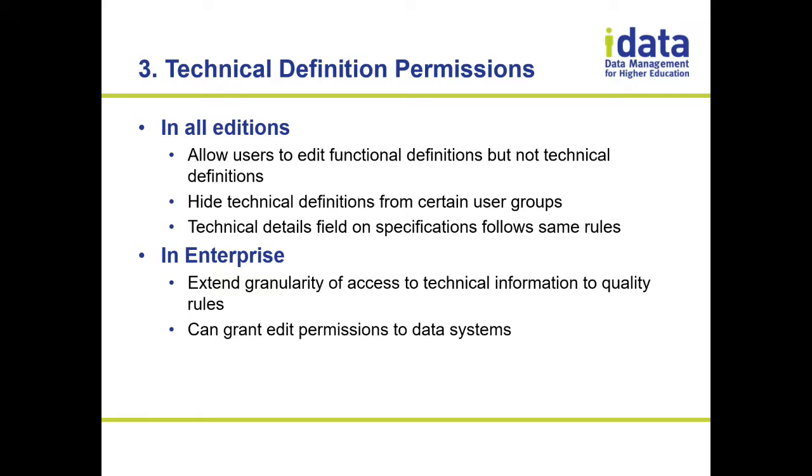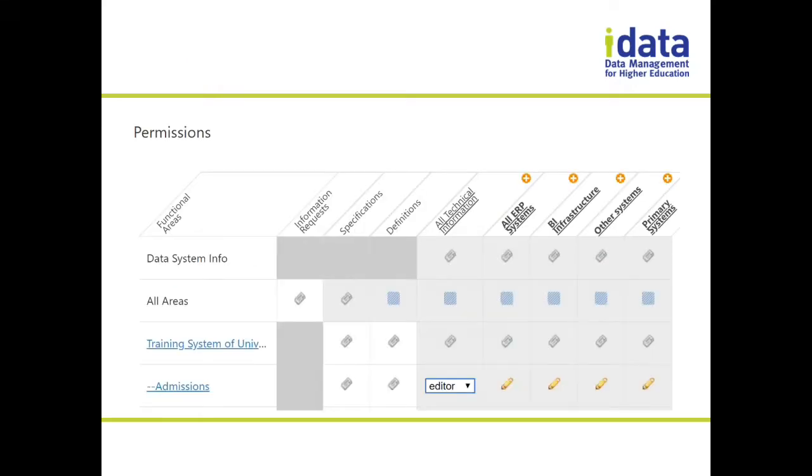These are privileges that you grant at the user group level. Why don't we go to the next slide here? You can see kind of what this looks like. So you are granting edit or manage or view privilege on specifications or definitions, and perhaps quality rules in the Enterprise Edition. And then outside of that, you have this technical information.